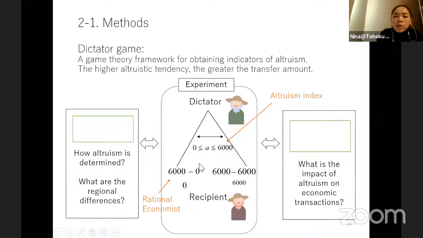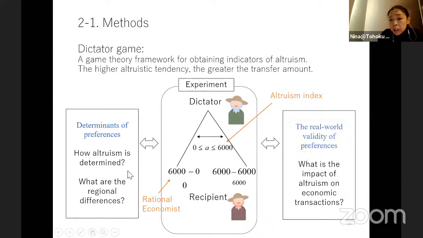If he is a very, very altruistic person, he will give all and take 0. And his recipient will receive all. So we can think of this transfer amount, in this case A, as the altruism index, a measurement of altruism. And by taking this kind of measurement, we can do analysis on determinants of altruism. Someone is very, very generous, someone is not so generous. What is the difference? This kind of analysis we can do.